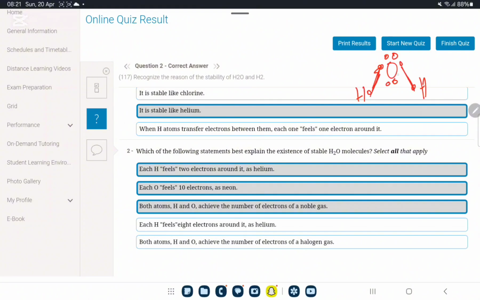So O is going to feel like it has 10 electrons, like neon. H is going to feel 2 like helium, and they both achieve the configuration of the nearest noble gas. Each H feels 8 electrons, no, not 8, so wrong. And both atoms H and O achieve the number of electrons of halogen gas, no, not halogen, noble.